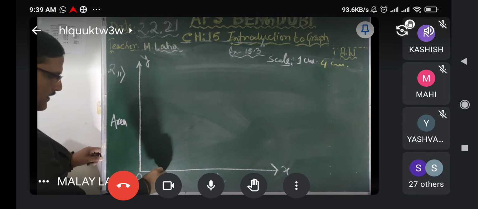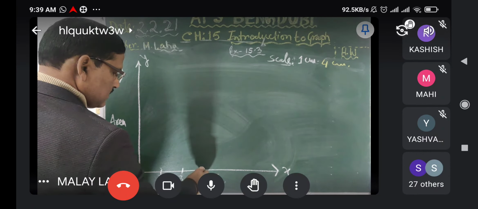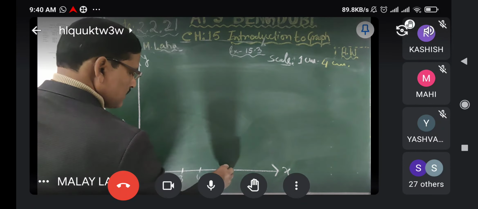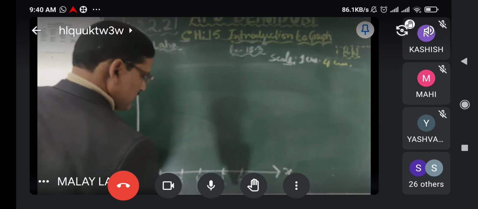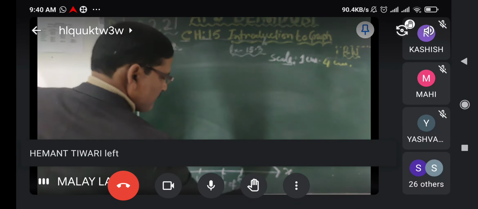Next is 3 centimeter, 1 centimeter gap, 4 centimeter, 5 centimeter. They have taken 6 centimeter. These are the sides of the square. You write down sides of square. Vertical line, area of square.